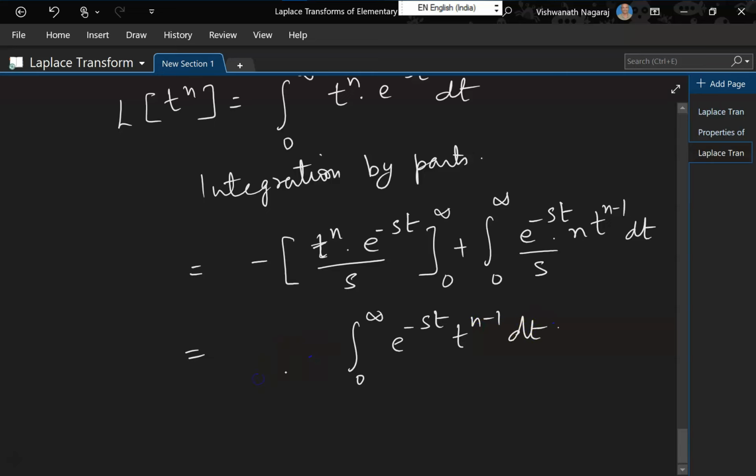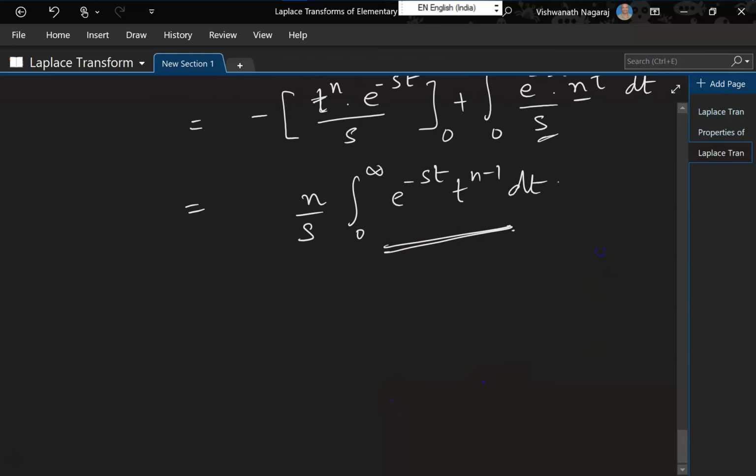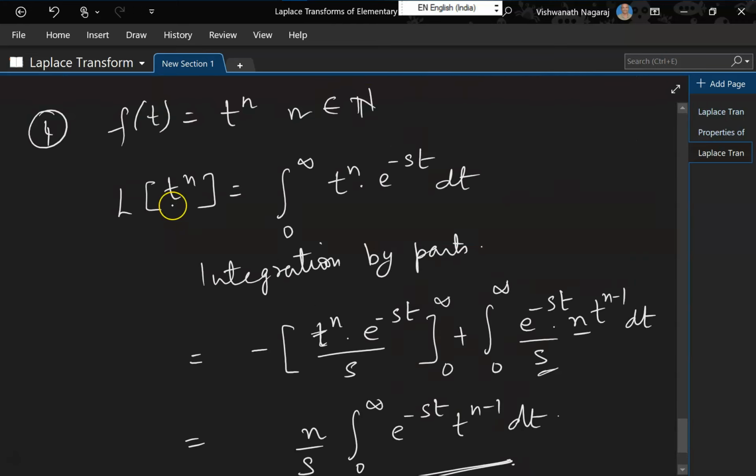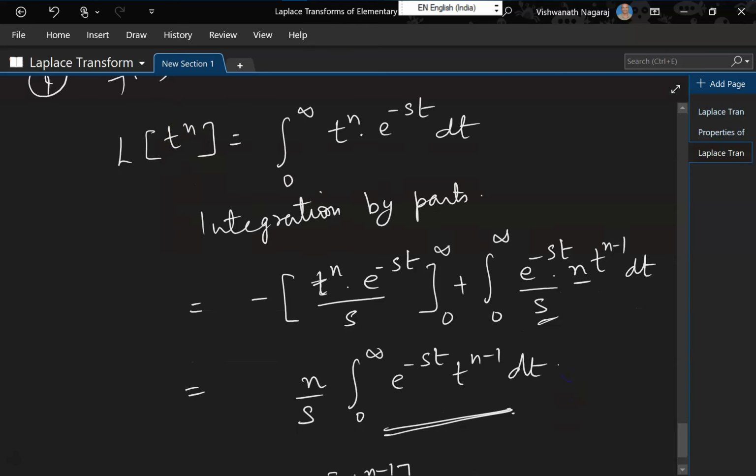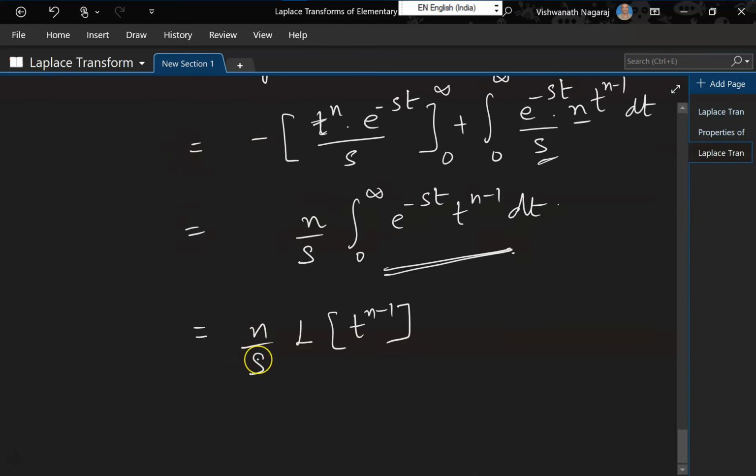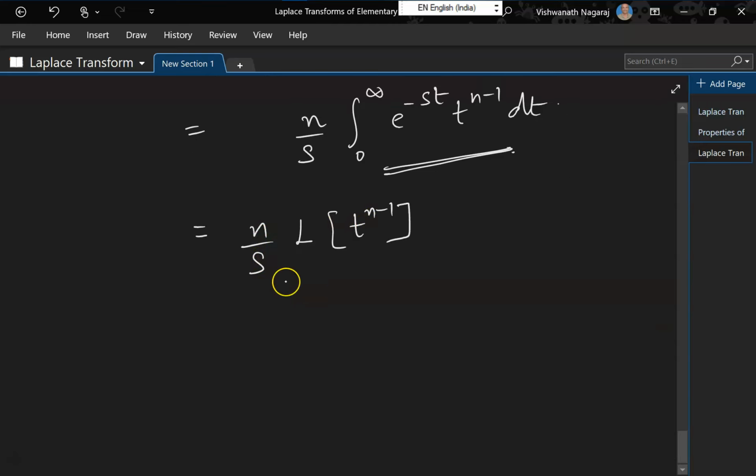And what we can do is take this n and s out. Okay, now what is this integral? This integral is nothing but the Laplace transform of t to the power of n minus 1, right? So basically what we have done is, the Laplace transform of t to the power of n is n by s times the Laplace transform of t to the n minus 1. If we follow the same steps, because now this we have to evaluate.